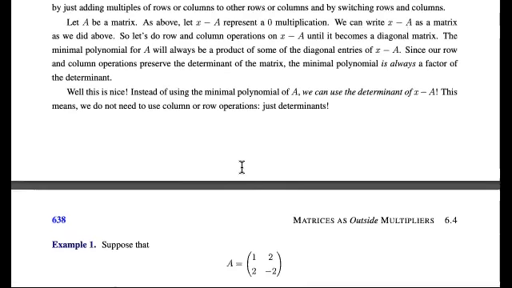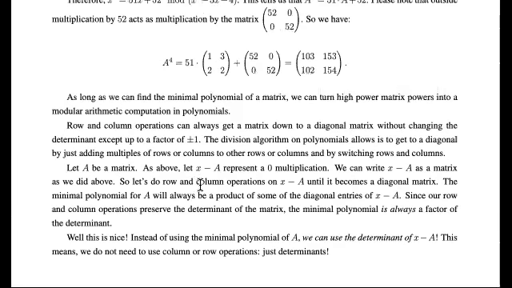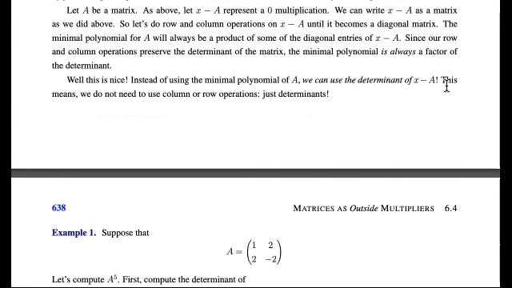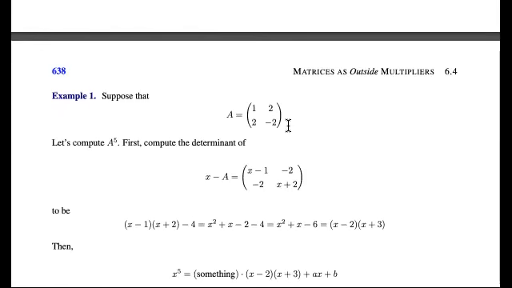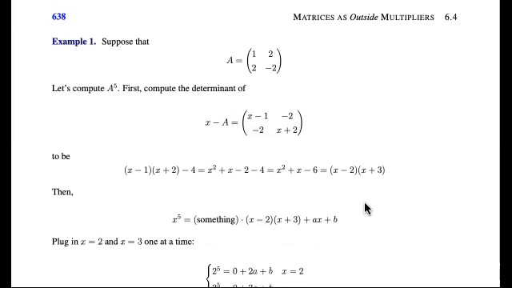So what we can do is to get that zero multiplier, all we have to do is say x behaves like A. So x minus A as a matrix is a zero multiplier. Take its determinant, and we have a polynomial we can mod out by. For instance, if we have this matrix right here, we have x minus A. So thinking of x as being on the diagonal with zeros on the off diagonal, and you subtract, you get this matrix, and you take its determinant, so this minus that, you'll get a polynomial which will behave like zero.